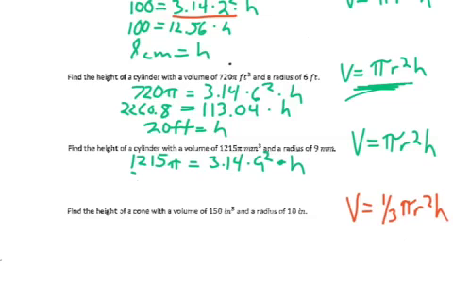Okay, and that's 3815.1 equals 254.34 times h. Go ahead and do your division, and when you do your division, you get 15 millimeters equals your height.